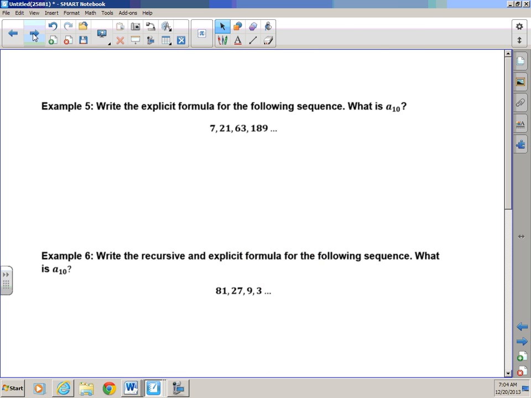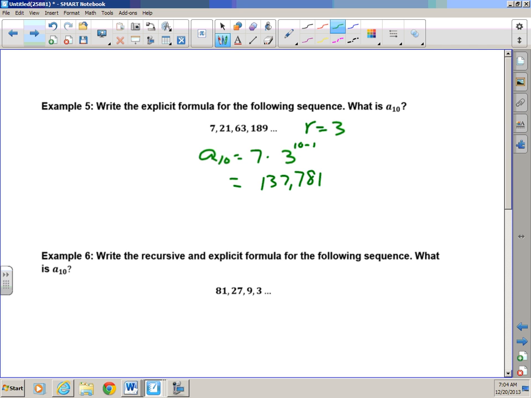So, let's take a look. What's r in this example? R is 3. I want to find a sub 10. So a sub 10 is the first term, 7, times 3 to the 10 minus 1 power, which is 137,781, if I did my math correctly.